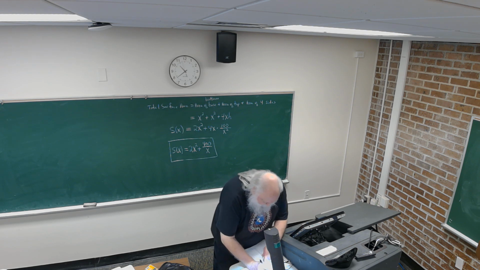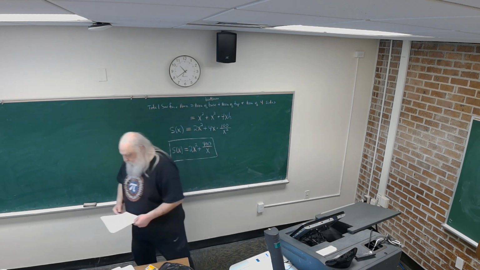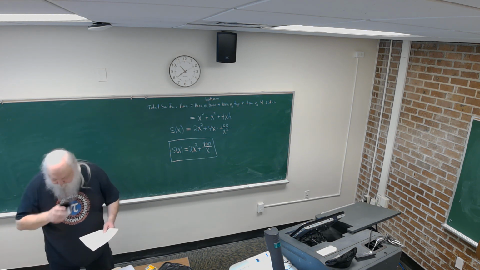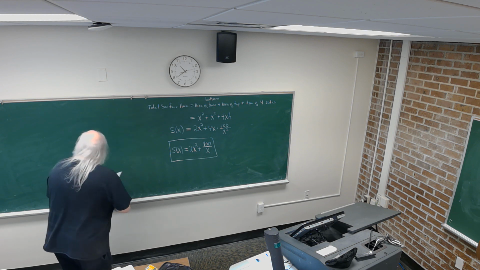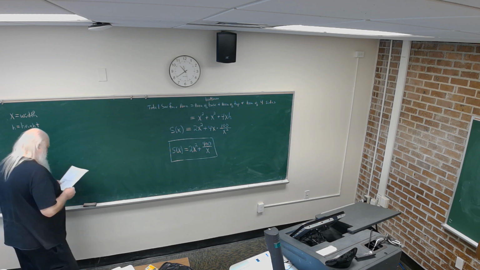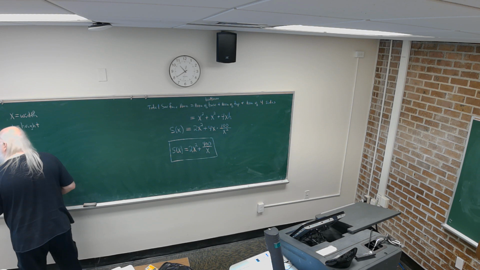So the height of the box on all 4 sides is h, but the base is square. So again, we're going to let x equal the width, and we're going to let h equal the height. We're given the total surface area, so that's our constraint.